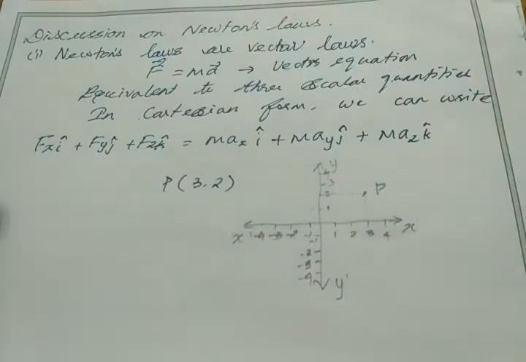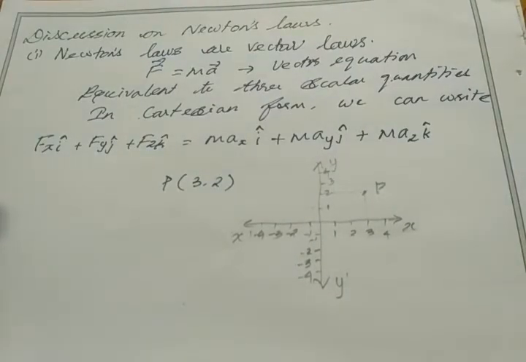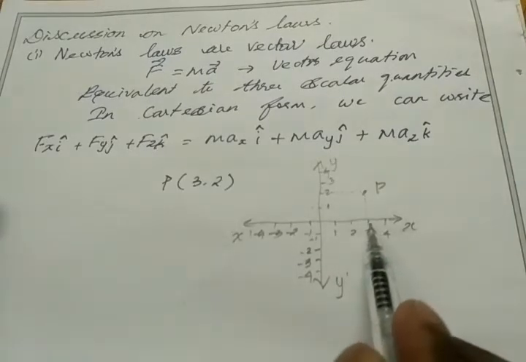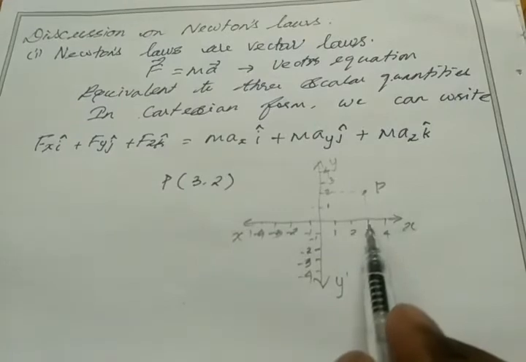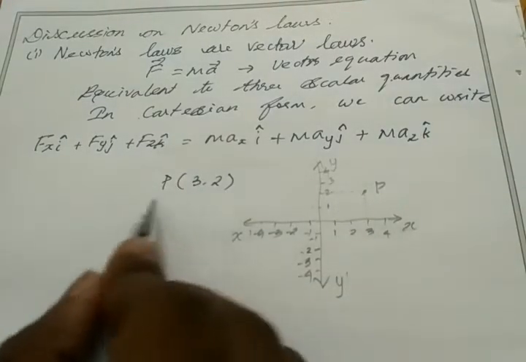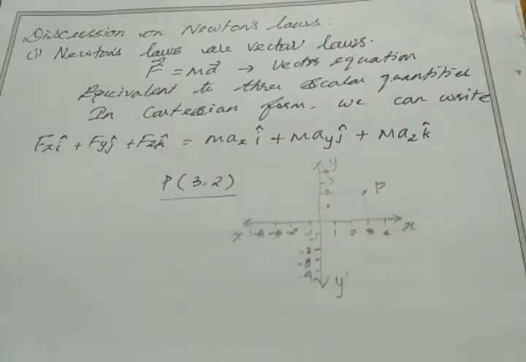So this is the location of point P. Cartesian system means a system which denotes where a particular point is located in space.